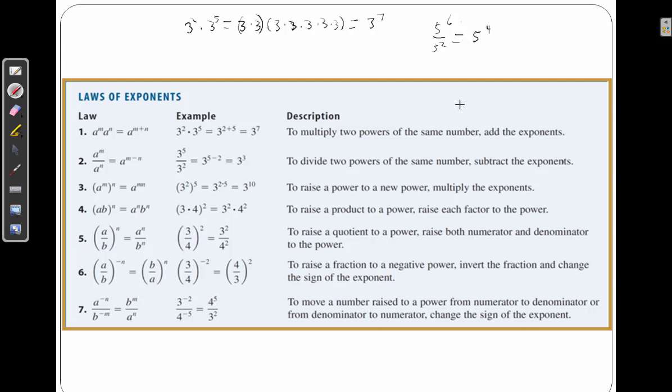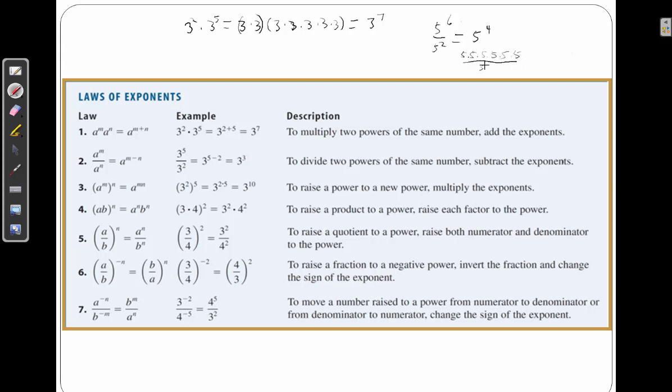A common error of my students is to try to reduce between the exponents and say, well, that's going to be 5 to the 3rd because I divide the exponents. Please don't do that. You will make your math instructor sad. The only reduction that goes on here is this. 5 to the 6th is equal to 5 times 5 times 5 times 5 times 5 times 5, 6 fives.